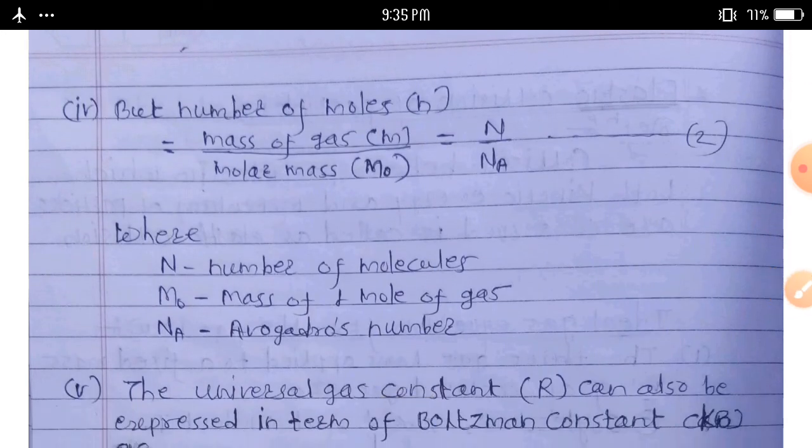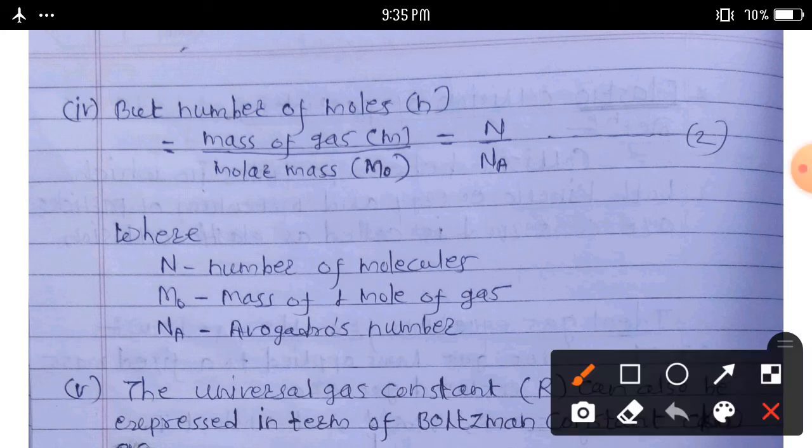Next, suppose the number of moles is small n, then we can write n = mass of gas small m upon molar mass m0, which is equal to capital N upon N suffix A. Consider this equation 2, where N is the number of molecules, m0 is the mass of 1 mole of gas, N suffix A is Avogadro's number.